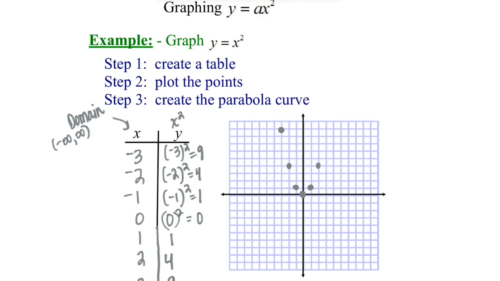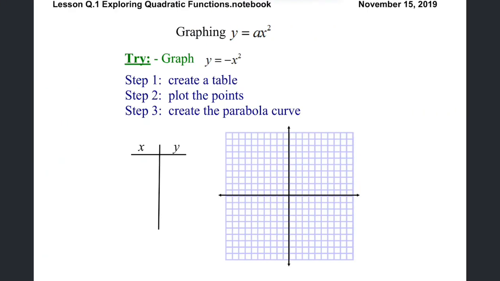When you put a 2 in and square it, you get a 4. And when you put a 3 in and square it, you get a 9. And just like connect the dots, we've got enough points on our graph to graph or sketch a nice curve. And that is our parabola.